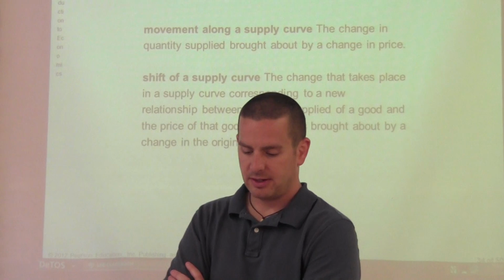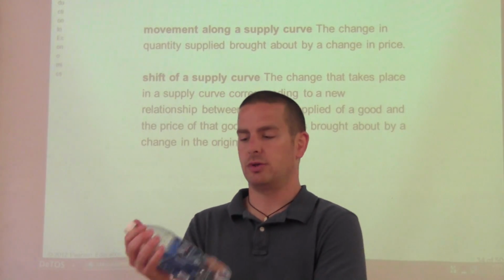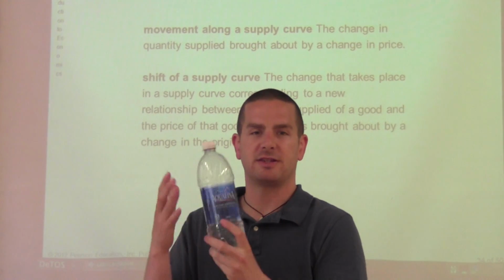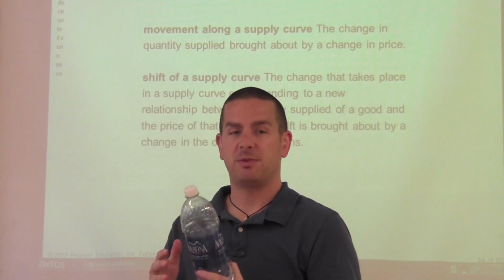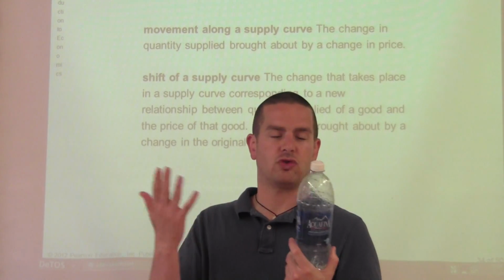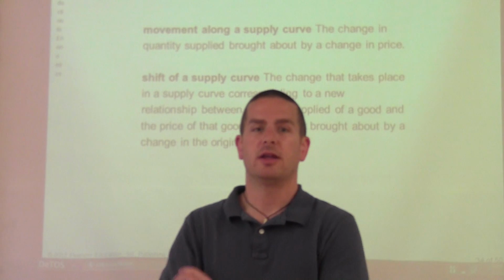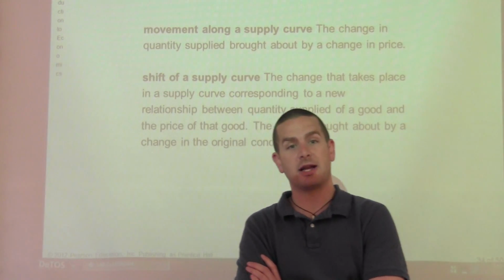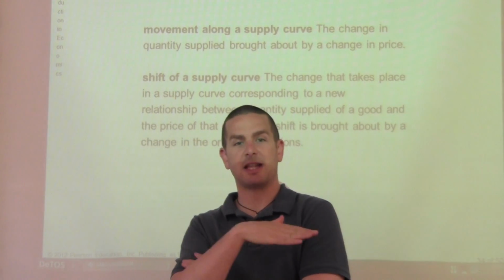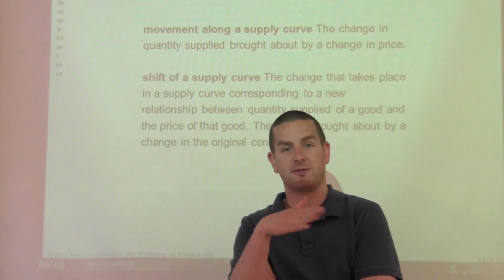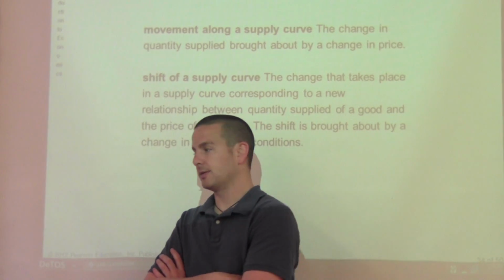On the other hand, let's pretend this isn't water, let's pretend it's Coke. If people decide to stop drinking Coke, then that's going to change the supply conditions, which means we will shift the curve.